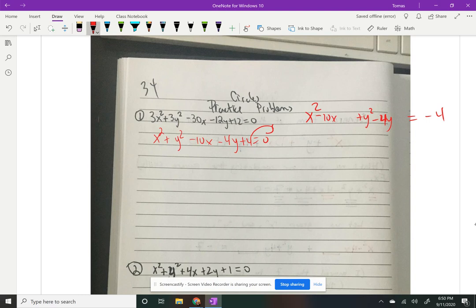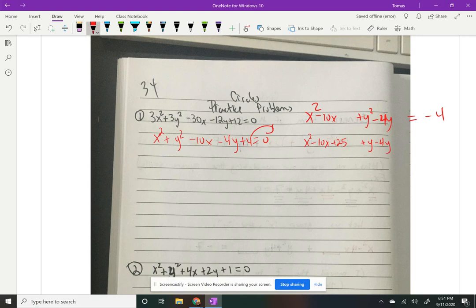Now, right here, I complete the square. Half of this is negative 5. Negative 5 squared is 25. Then over here, half of negative 4.